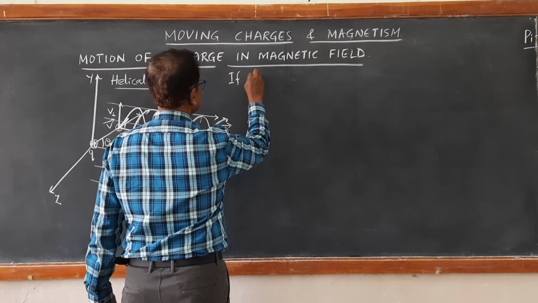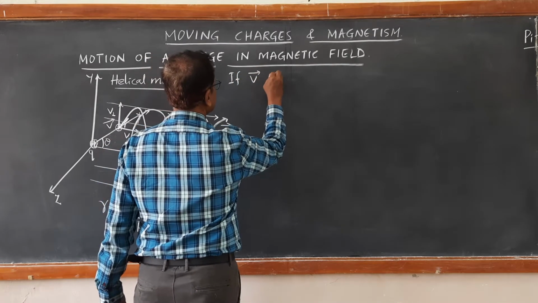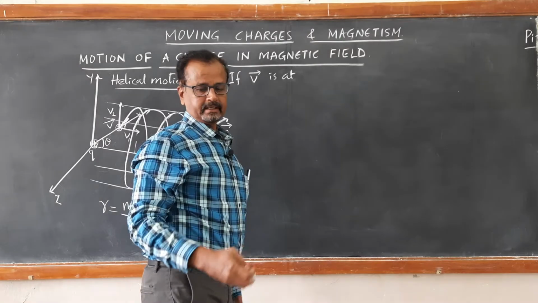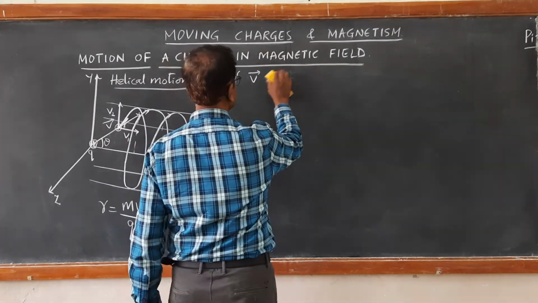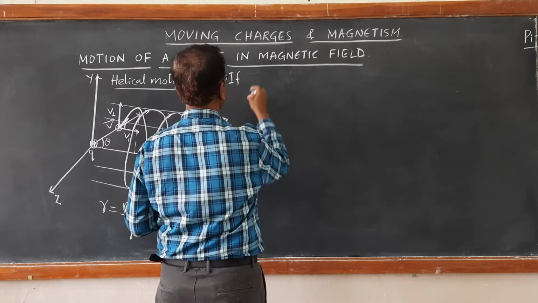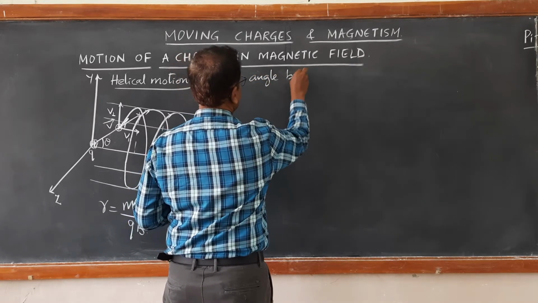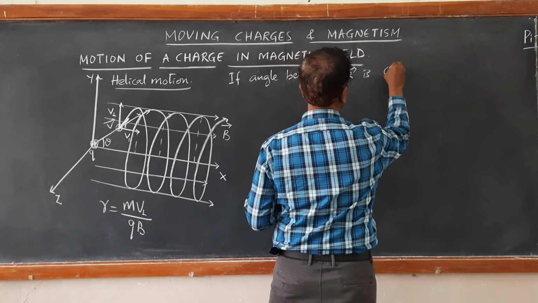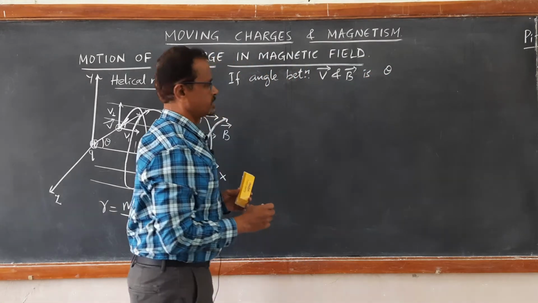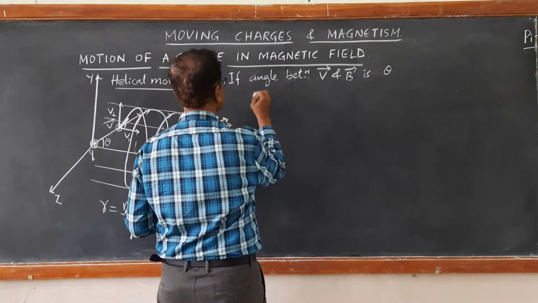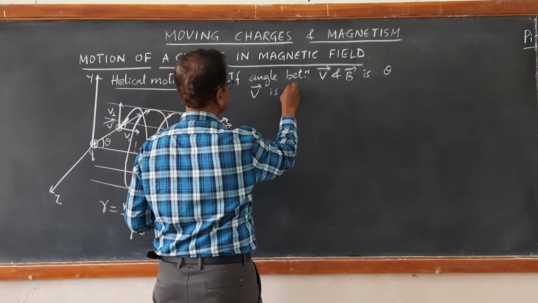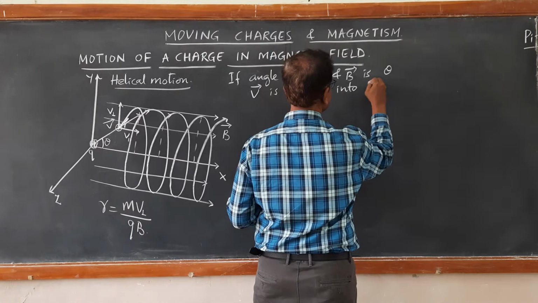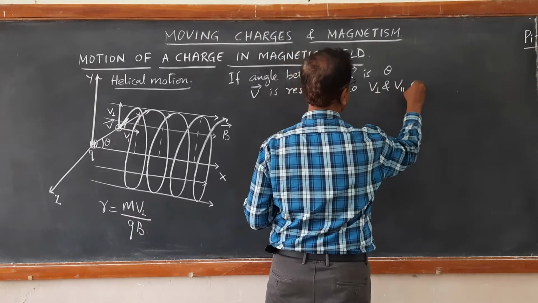If the angle between the velocity vector v and B is theta, not 90 degrees, then the velocity vector can be resolved into two components, v perpendicular and v parallel.